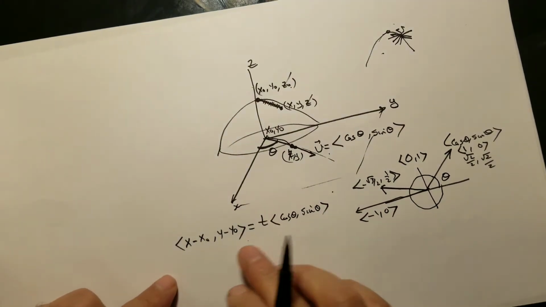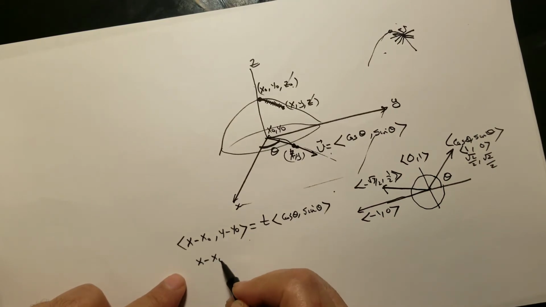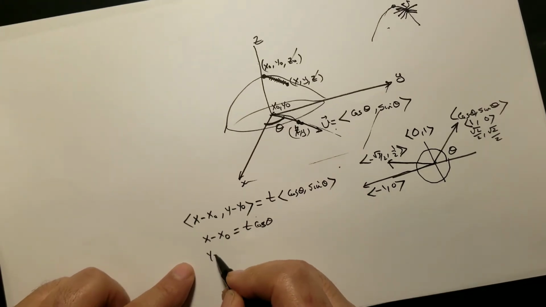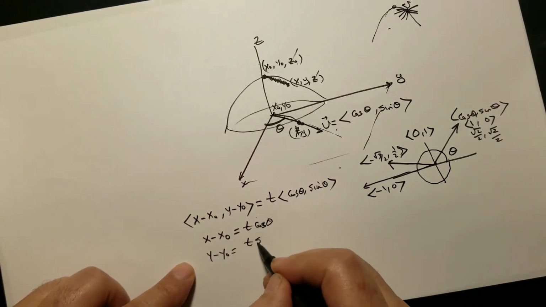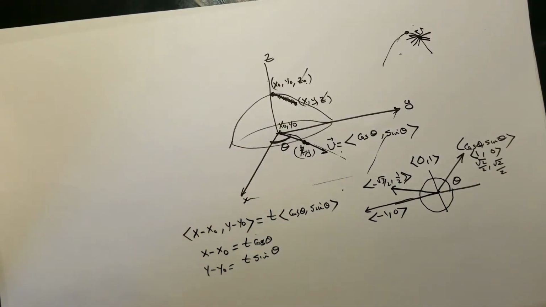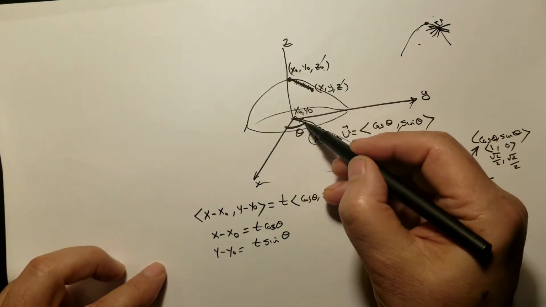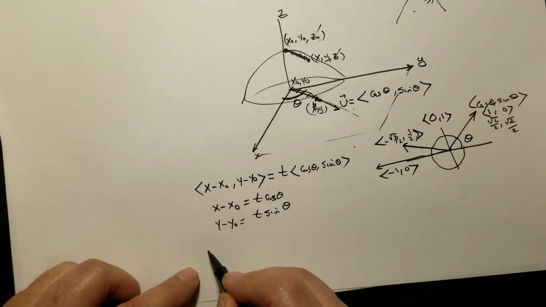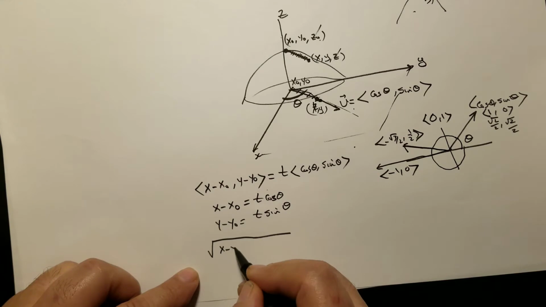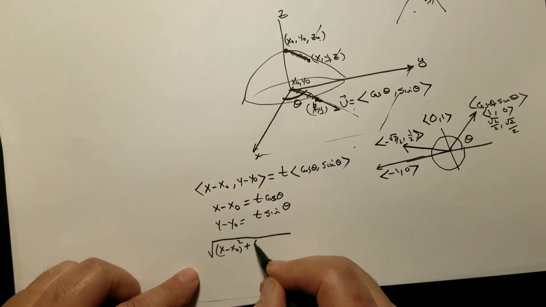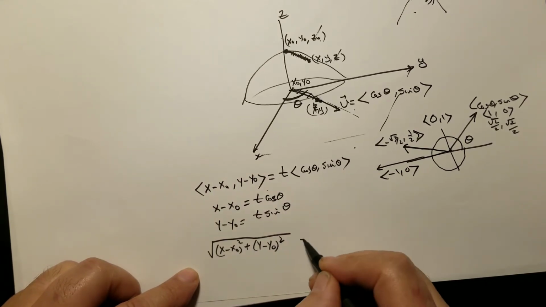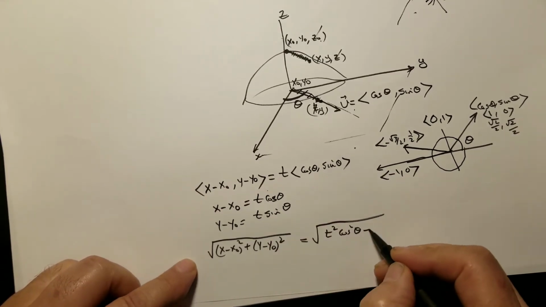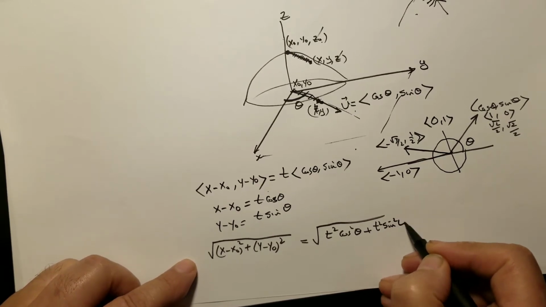Therefore, I do know that my x minus x naught is equal to t cosine theta. My y minus y naught is t sine of theta. And somebody is going to ask me, how far did the painter paint? Well, it's the distance between these 2 points. What is the distance between these 2 points? It is the square root of x minus x naught squared plus y minus y naught squared, which is exactly the same as t squared cosine squared theta plus t squared sine squared theta.